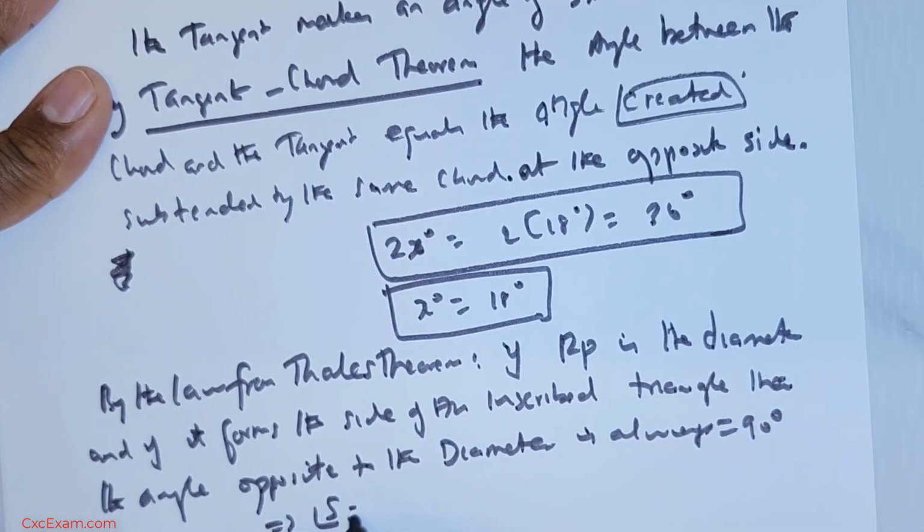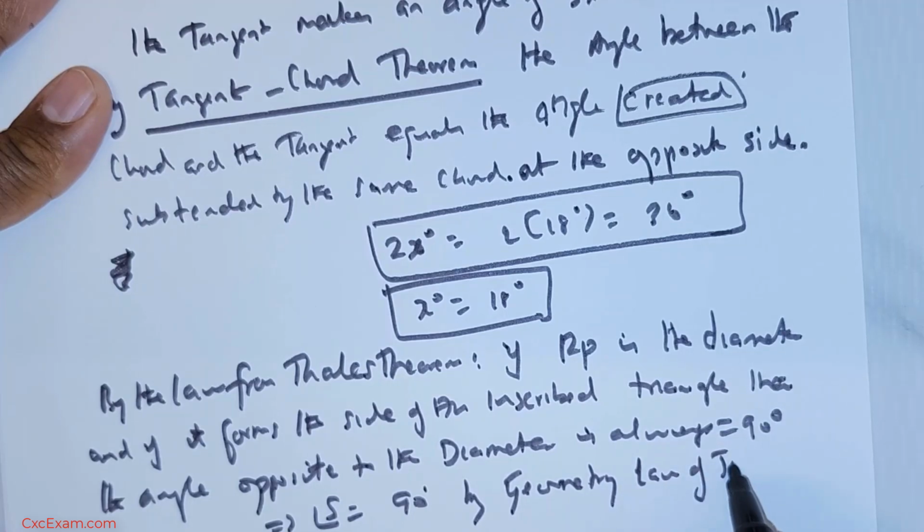So this means angle at S is equal to 90 degrees by geometry law of triangles.